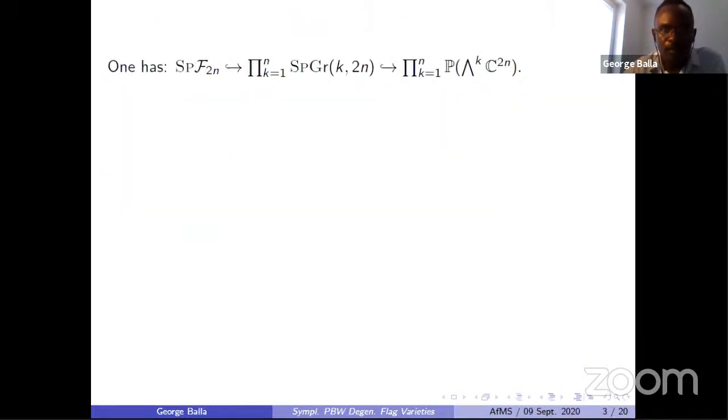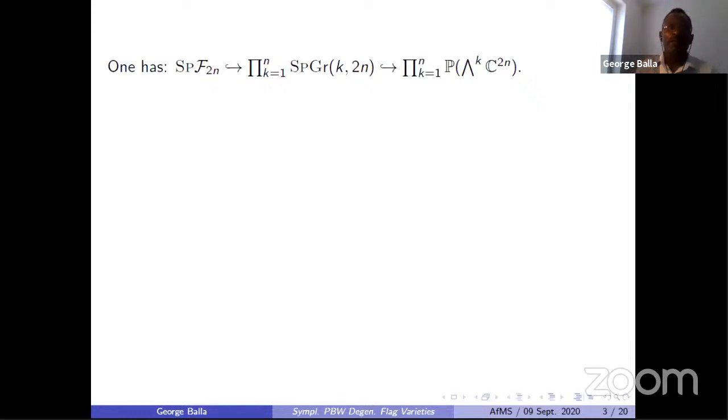So one can ask now, what will be the embedding for the symplectic flag variety? Just like in type A, also here we shall have an embedding into the product of symplectic Grassmannians. Just like we have seen, every subspace is living in a Grassmannian, in a symplectic Grassmannian.